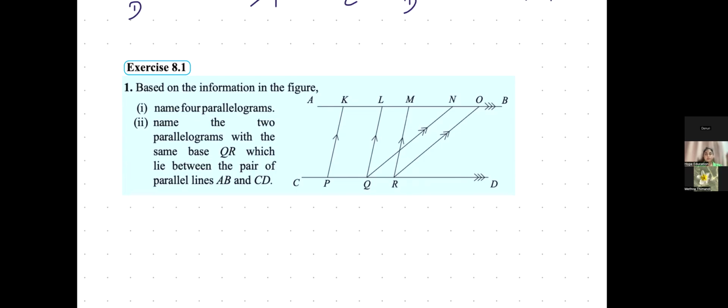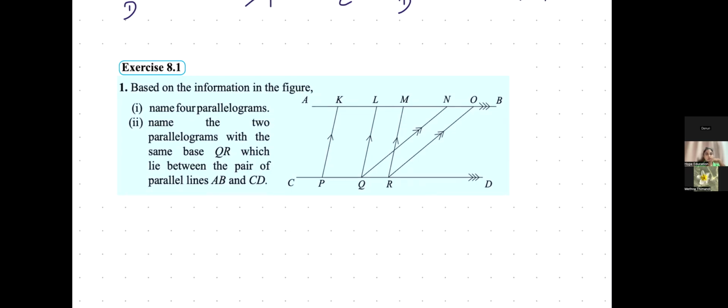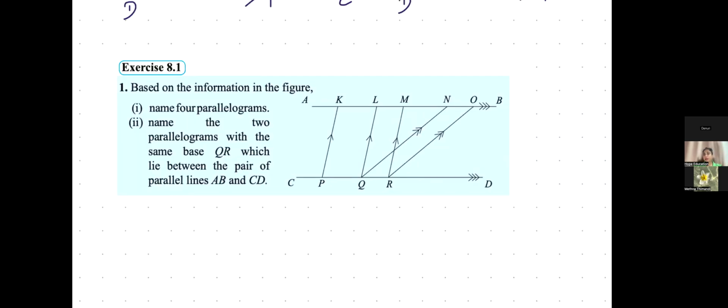Can you all make it faster? Tell me, kids. The parallelograms in this diagram.